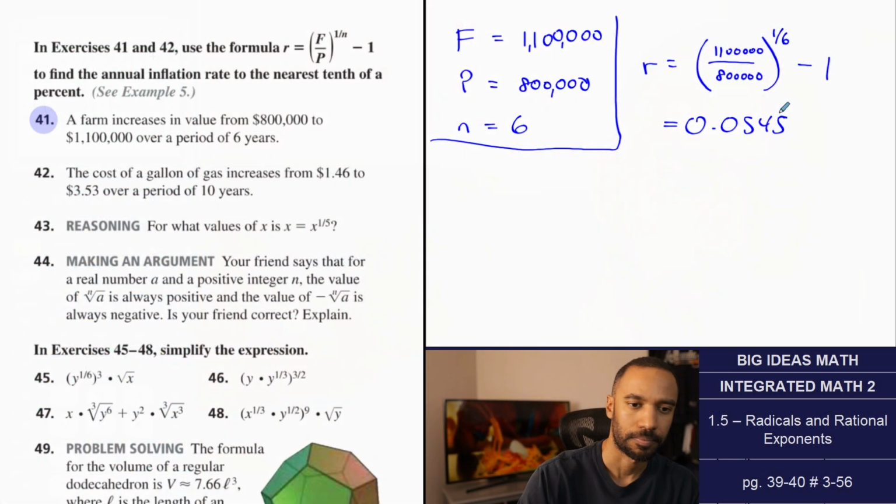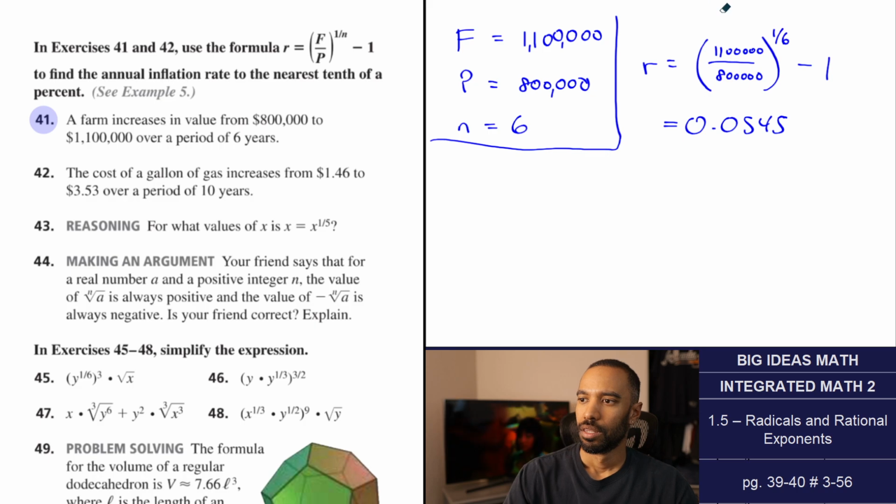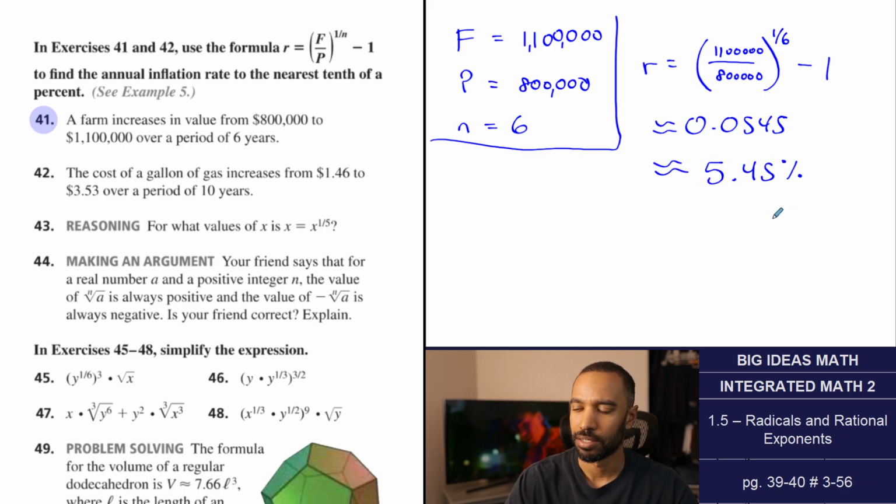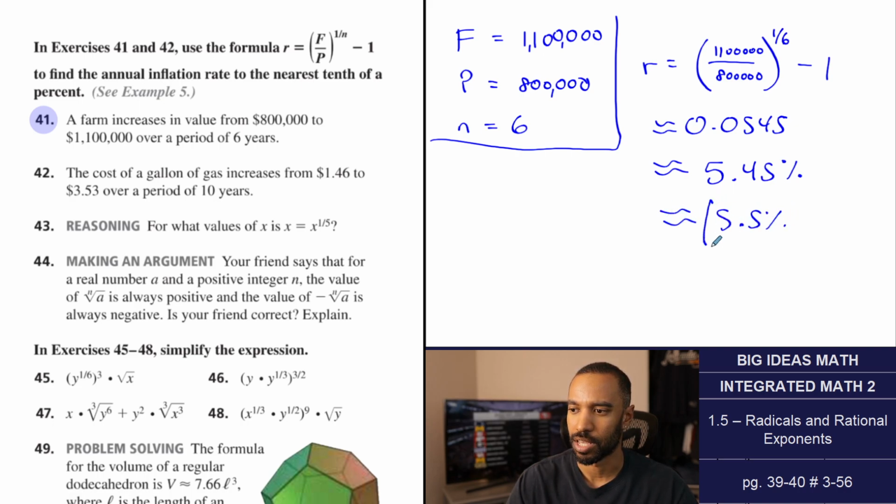There are other numbers there, but they want us to round to the nearest tenth, one decimal place, so I want to make sure I have that. Now, I'm not rounding this number to the nearest decimal place. It's the percentage I need to round to there. So this is around 5.45%. When you multiply by 100, you shift the decimal 2 places over, or around 5.5% to the nearest tenth.